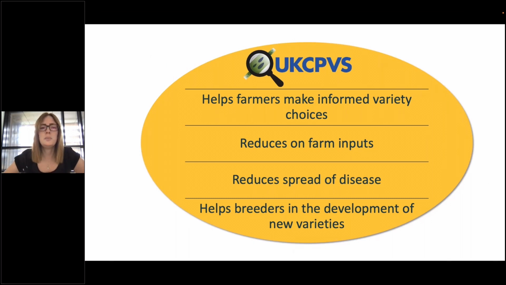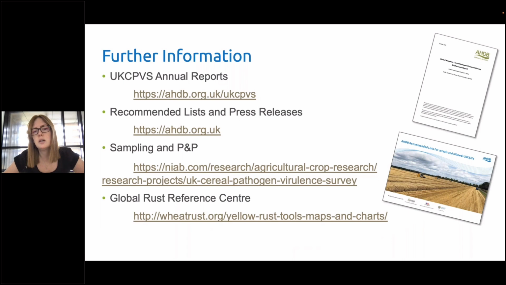So UKCPVS helps farmers make informed variety choices. It also helps to reduce on-farm inputs and reduce the spread of disease, and also helps breeders in the development of new varieties. For further information, there are all of the old annual reports on the AHDB website.